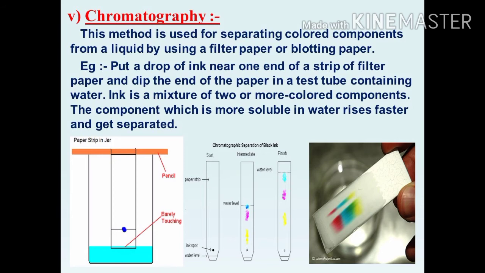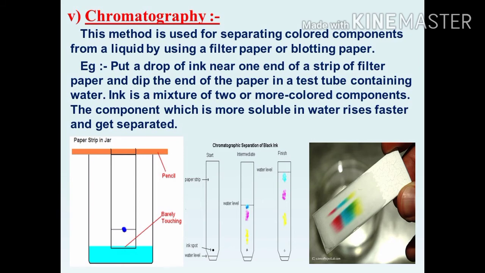On the dot, you put one drop of ink. Then we keep this paper in the chromatography jar. This paper should be dipped in this chromatographic jar. At that time the water from the jar starts to rise on this paper.